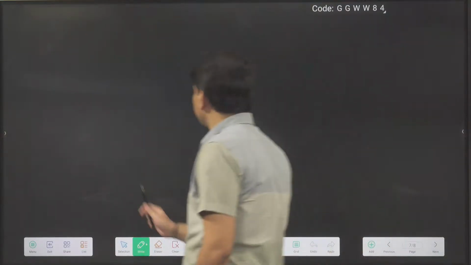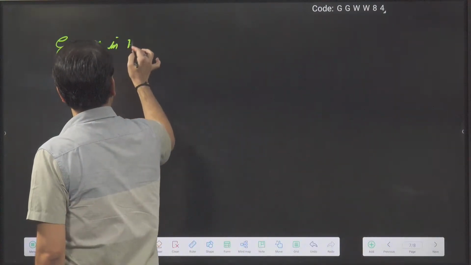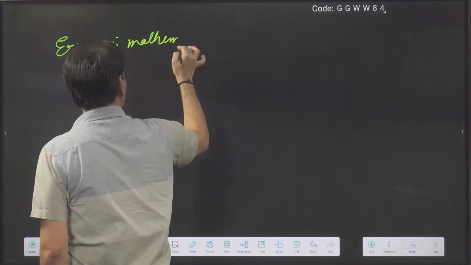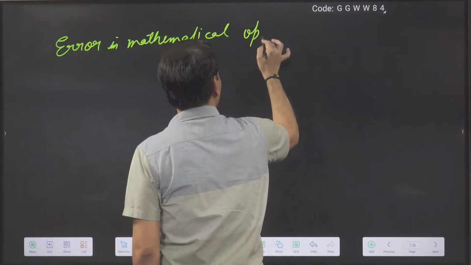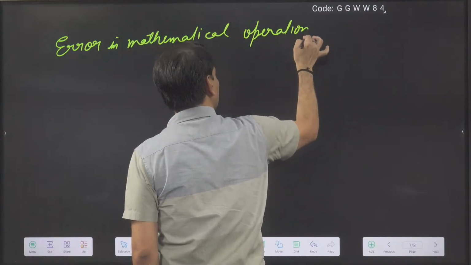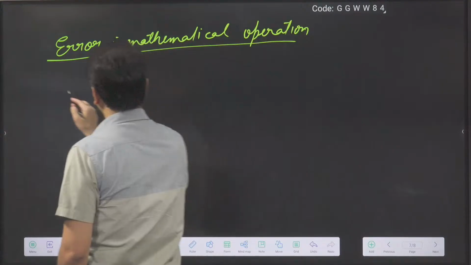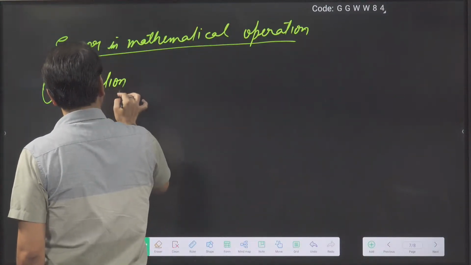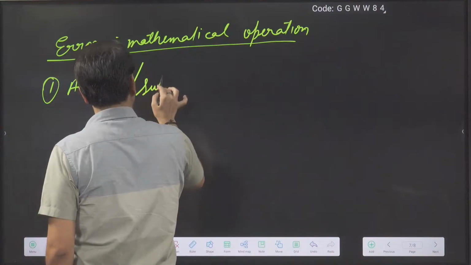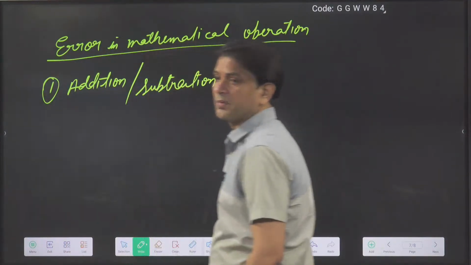Okay, now error in mathematical operations. Number 1, addition or subtraction.